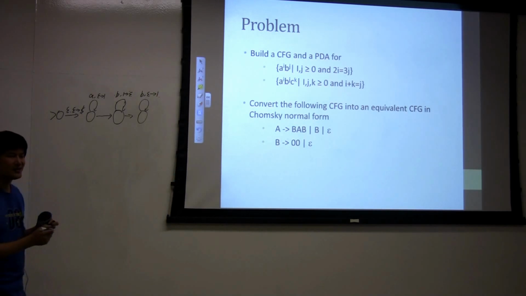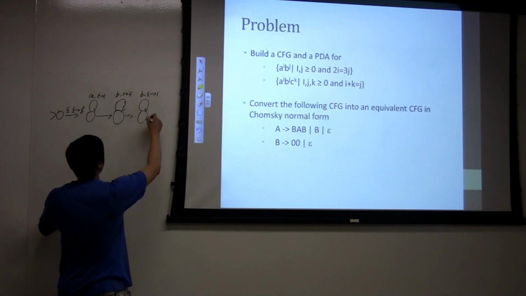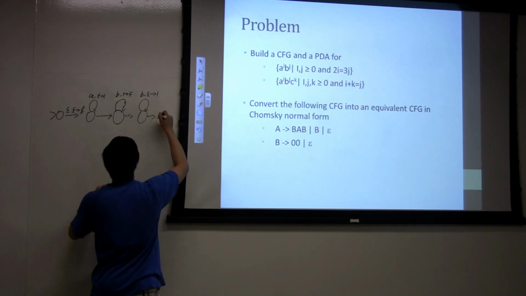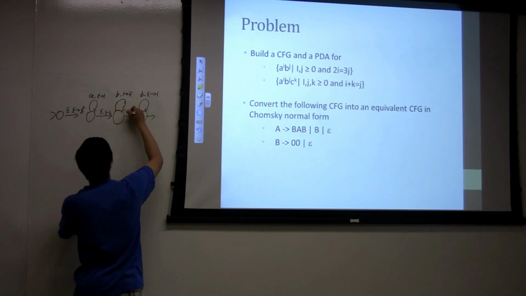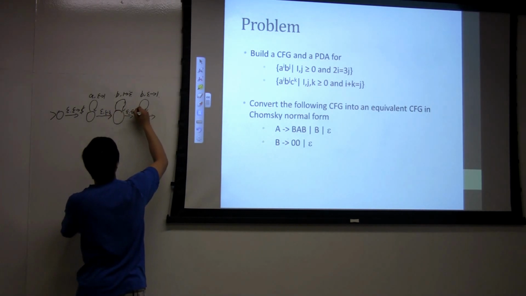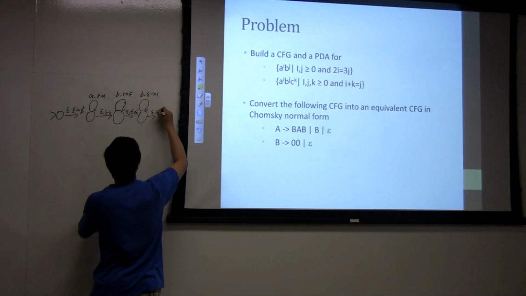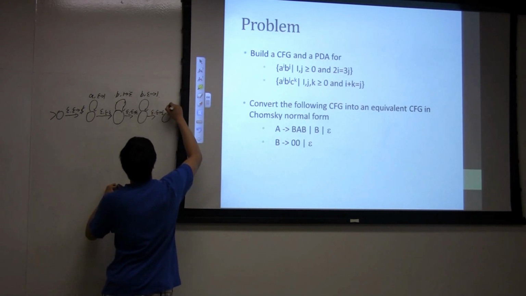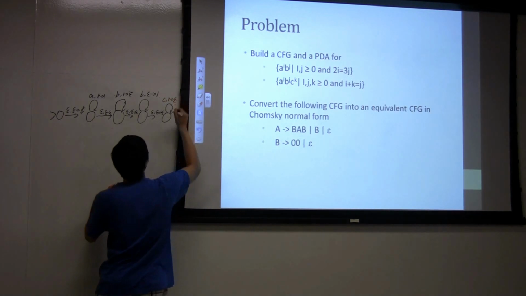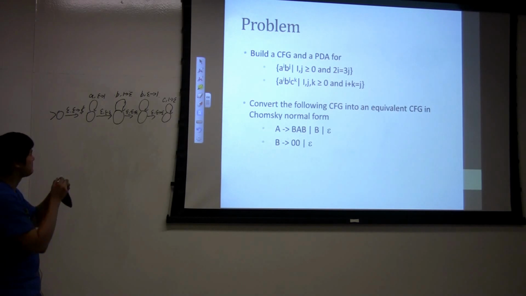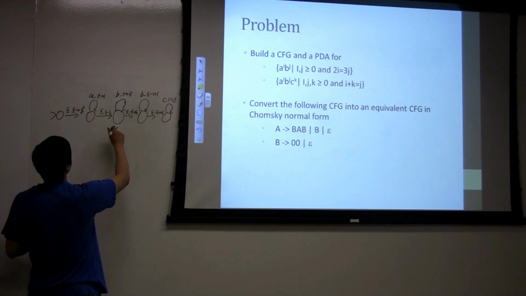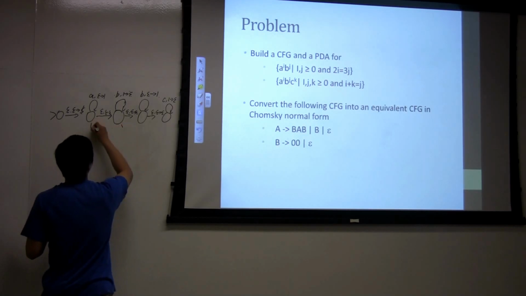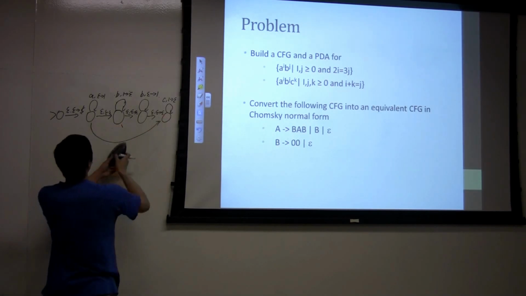Like this. And then C consumes the rest of the 1s. Like this. We also have an epsilon transition from state 2 to state 4. Oh, sorry.